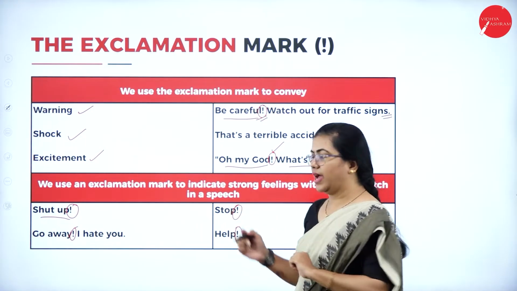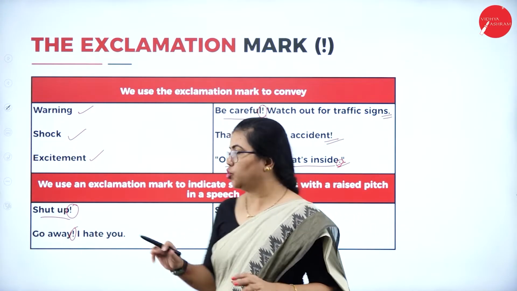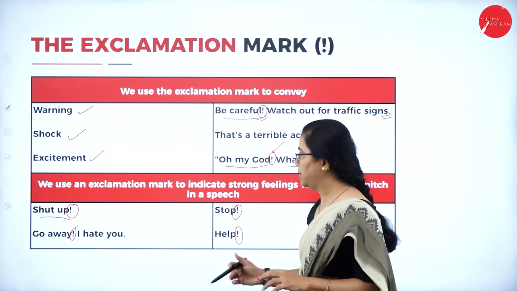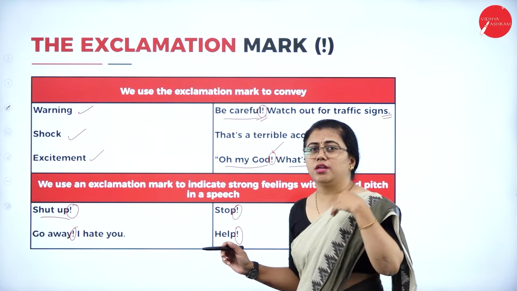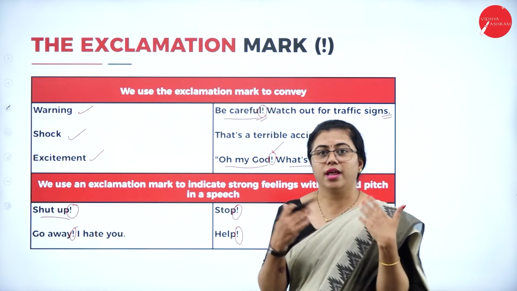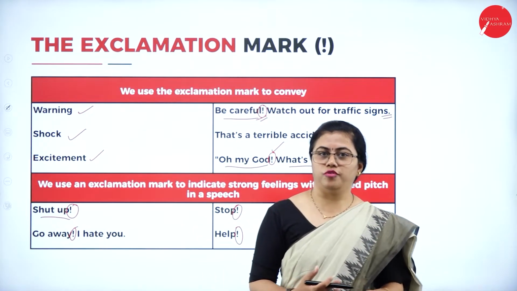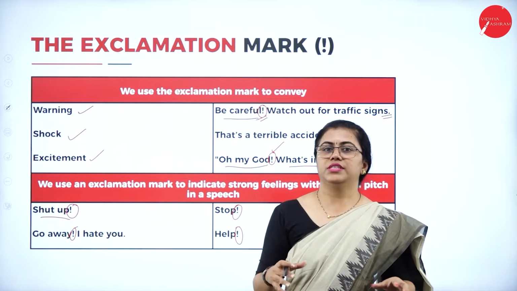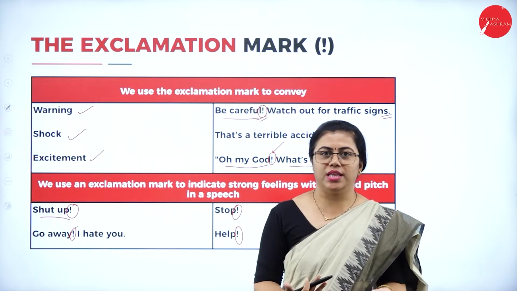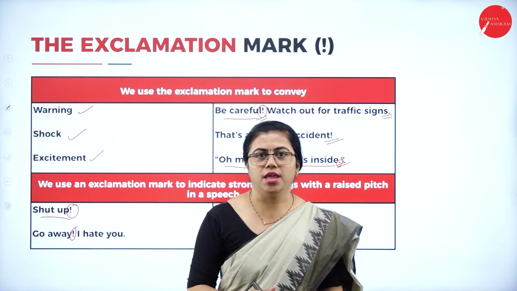It's not the way I am telling here, I'll just say shut up, go away. That time you use this exclamation mark. Here also, stop, you're just giving a command, you're shouting at somebody. Help, you're shouting for help. Whenever you put out your strong feelings, all of a sudden you happen to scream, isn't it? That time also you use this exclamation mark.